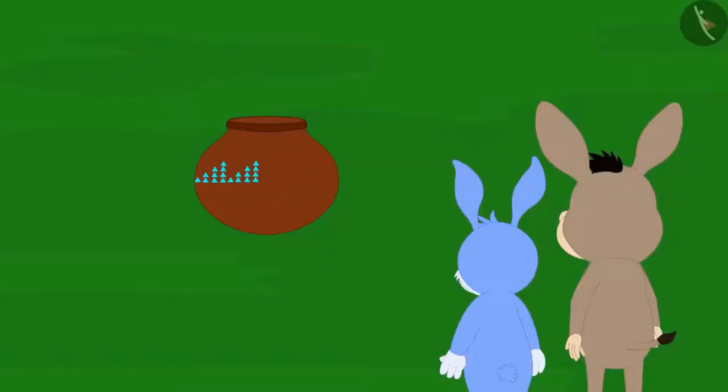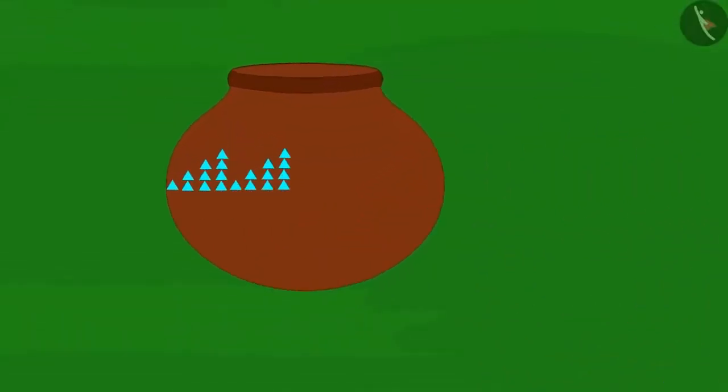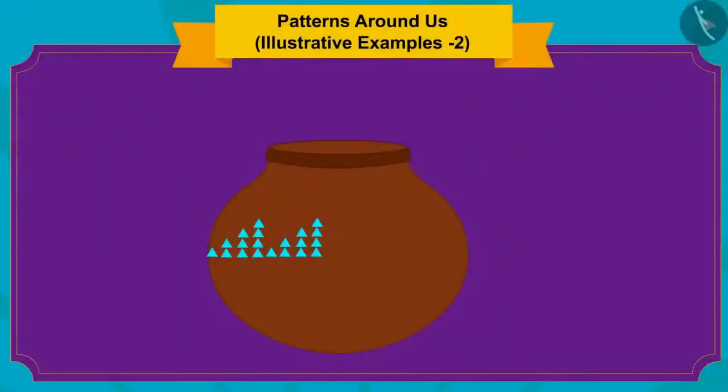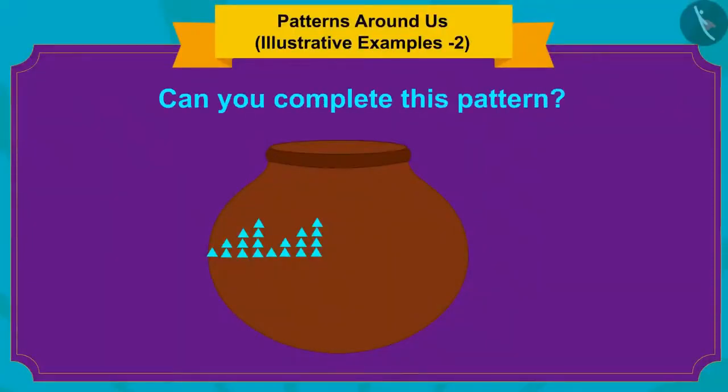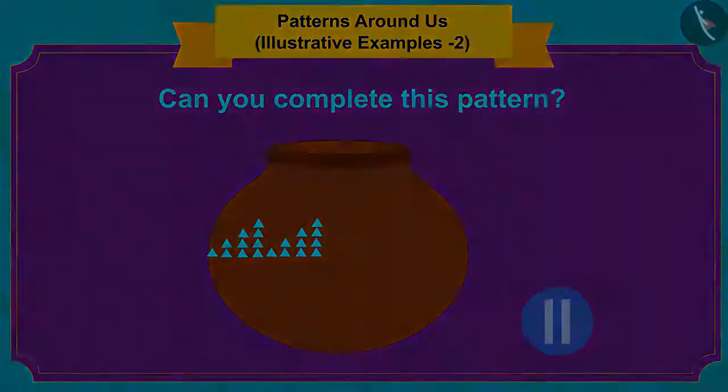This time, they saw an earthen pot on the way. Such type of an incomplete pattern is made on the pot. Children, can you complete this pattern? You can find the answer by stopping the video.